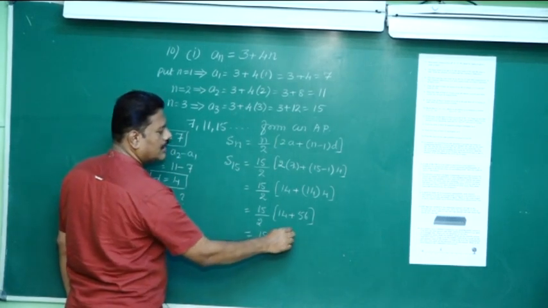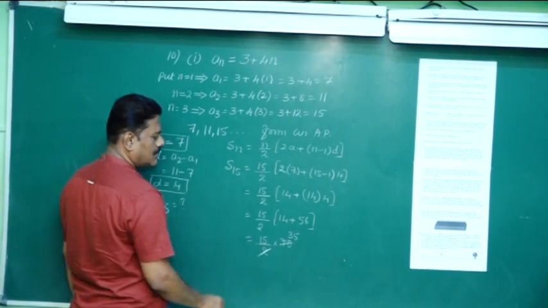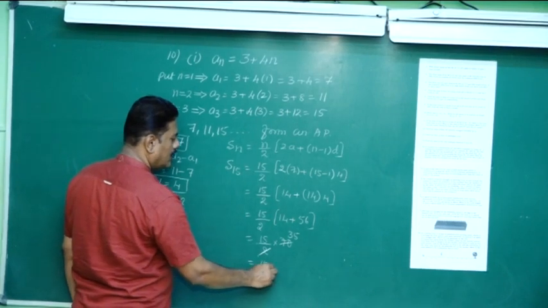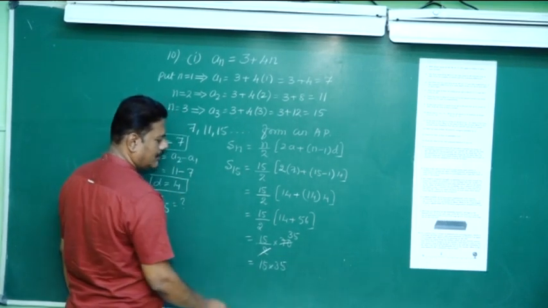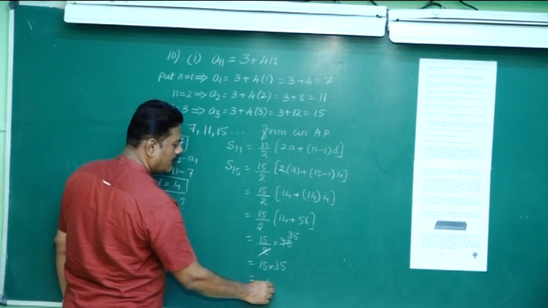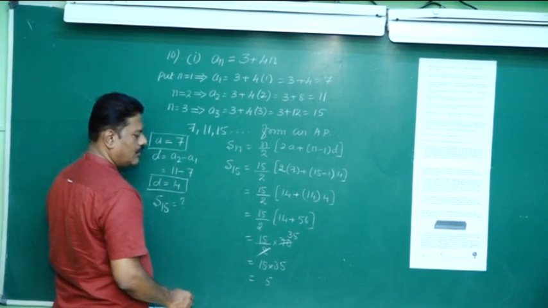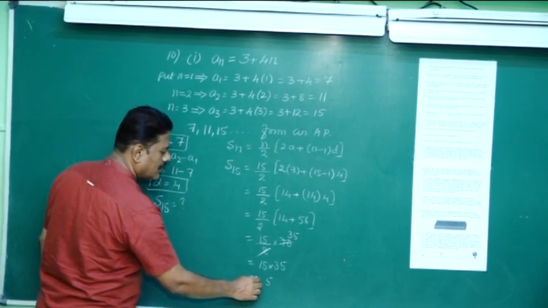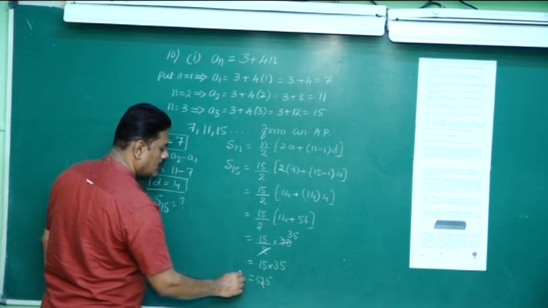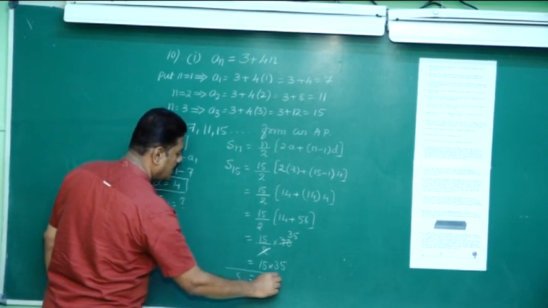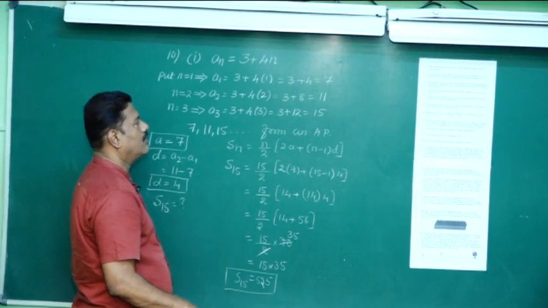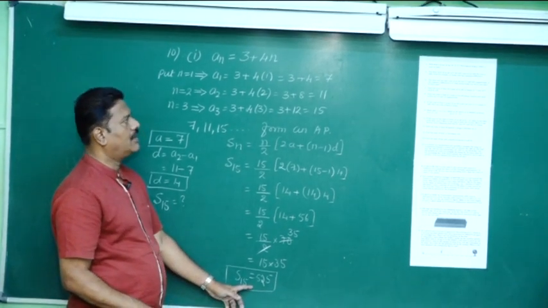From 2 it goes 35 times. 2 35s are 70. So 15 into 35 I have to multiply. 15 5s are 75, 7 carry, 15 3s are 45 + 7 is 52. So you will get the sum to 15 terms of this given AP as 525.